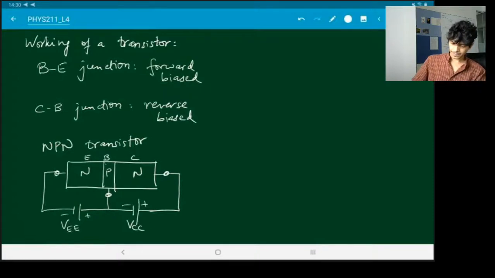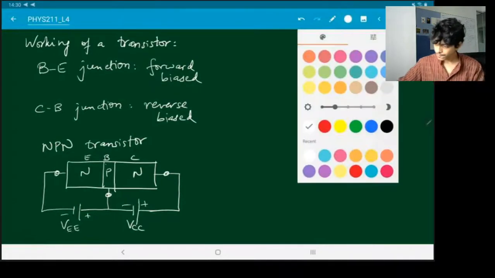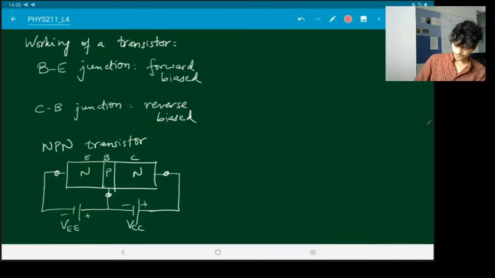In the base emitter part, we have the current flowing, no, the other way, because we're talking about the conventional current flow. So this current is known as the emitter current. In the base collector junction, you have what is known as the collector current.